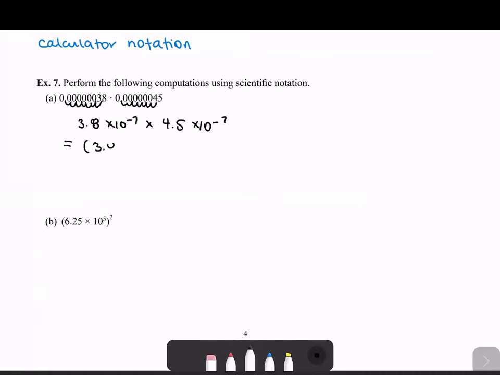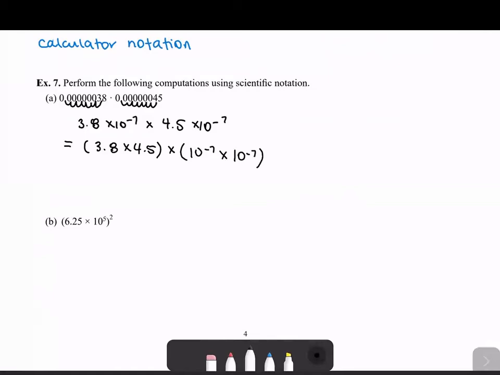So this is 3.8 times 4.5 times 10 to the negative 7 times 10 to the negative 7. And we do this because we know how to combine these 10 to the negative 7s easily using our exponent rules, because they have the same base of 10.